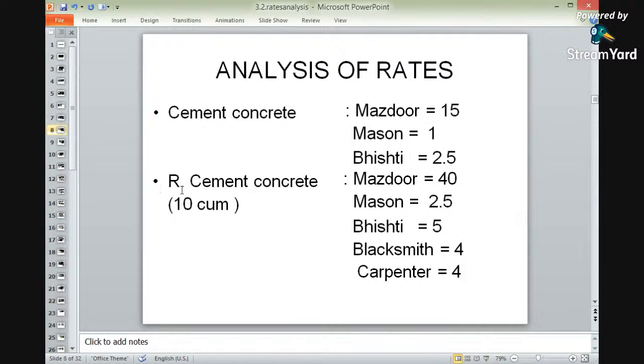The bar binder or blacksmith will be required for bending purposes, for steel reinforcements and all the work related with steel. So blacksmith we are having 4 numbers. Carpenters are also required for centering and shuttering purposes. Again, it requires 4. So carpenter in this case requires 4.